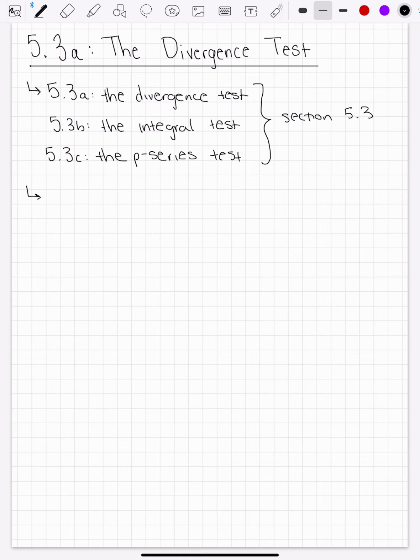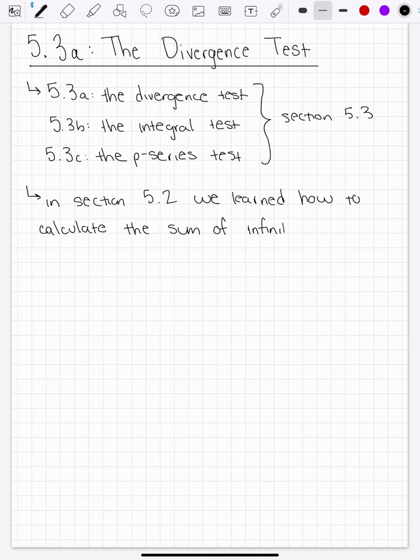So to motivate this section, in section 5.2, what we learned was that we can find the sum of an infinite series, which is an infinite sum, right? A sum of infinitely many things. So we learned how to calculate the sum of infinite series by taking the limit of the sequence of partial sums.